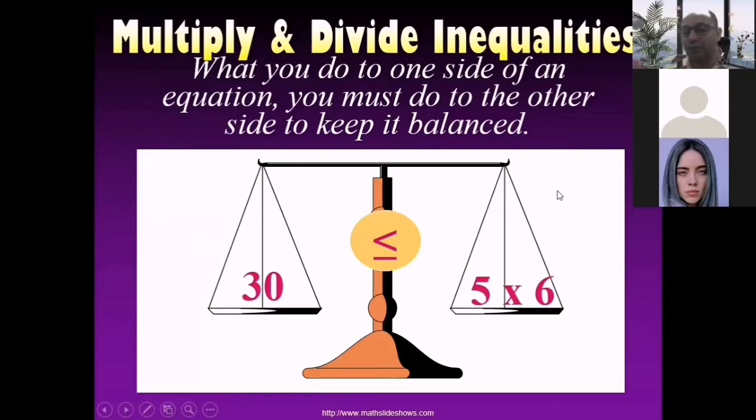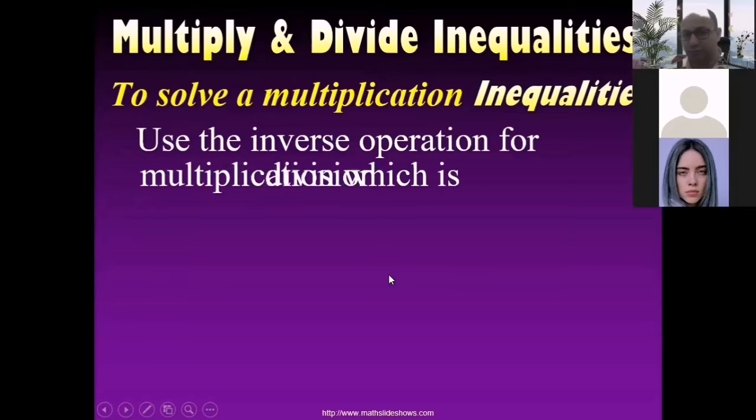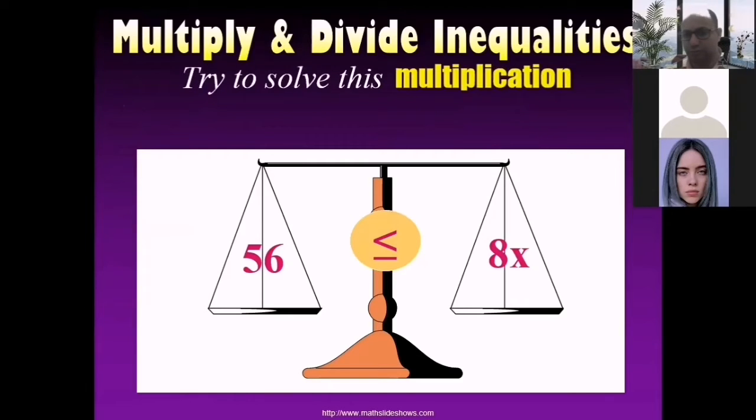Now we have this inequality here: 5 multiplied by 6 equals 30, greater than or equal to 30. How can we solve this inequality? Can you read it?